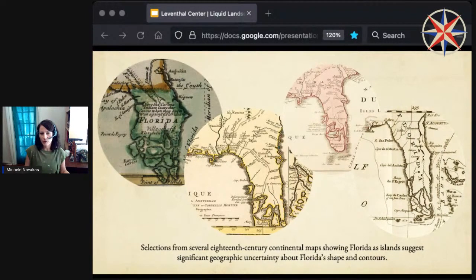Now, during the 18th century, Florida passed back and forth between Spain and Great Britain. It was Spain's until 1763, then a British possession from 1763 to 1783, at which point it became Spanish again until the U.S. acquired it from Spain in 1821.